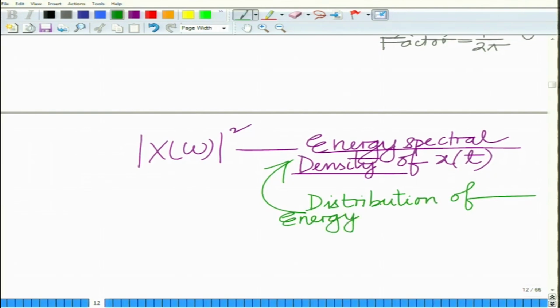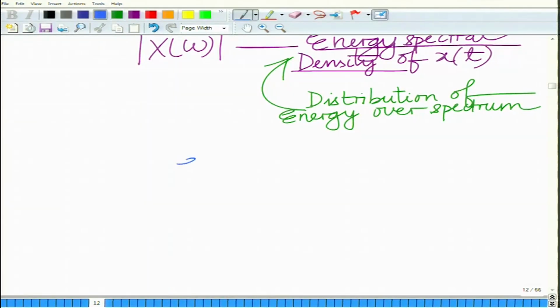Remember, density of an object is the distribution of the mass over the volume. So, this energy spectral density is the distribution of the energy over the spectrum. That is, how is the energy of this signal x t distributed in the various frequency bands, that is given by this energy spectral density magnitude x of omega squared.